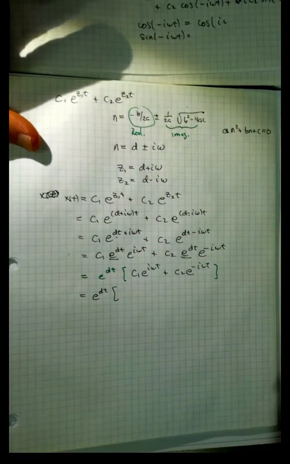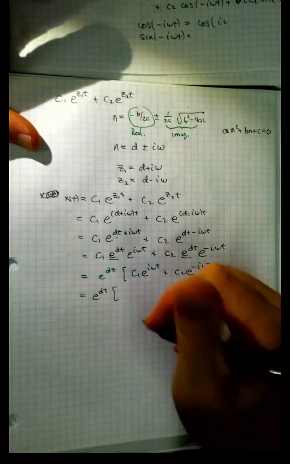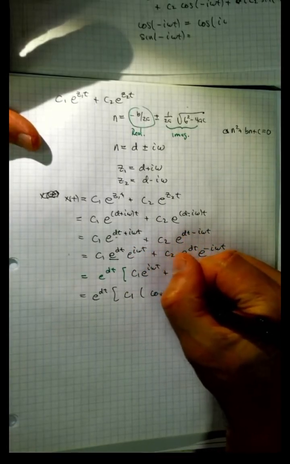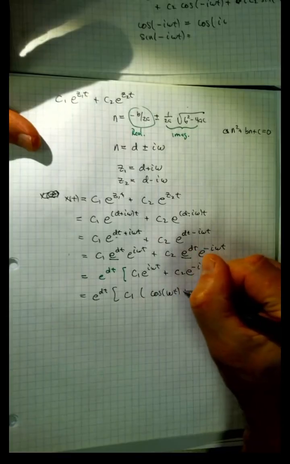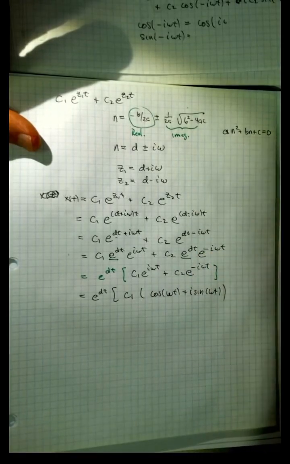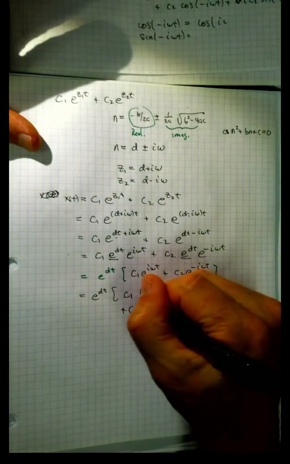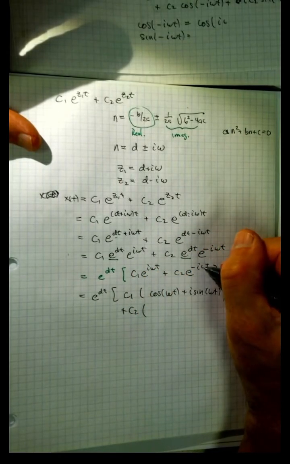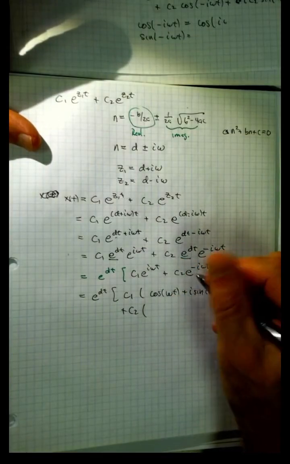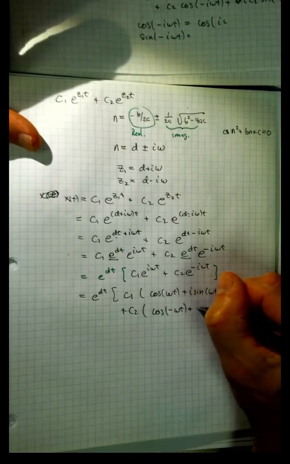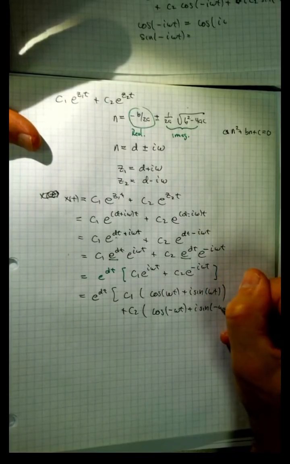So this thing on the outside stays the same. c1 times e to the i omega t is going to be cosine of omega t plus i sine of omega t. And plus c2. Now because everywhere I see an omega t, this is now a negative omega t. So this becomes cosine of minus omega t plus i sine of minus omega t.